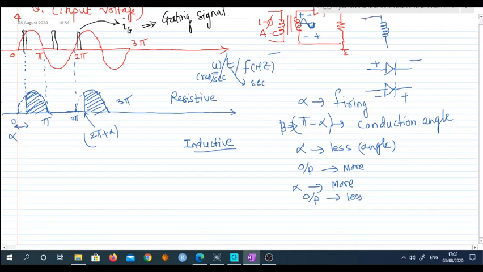Now suppose my load is inductive, then what will happen when the SCR conducts?